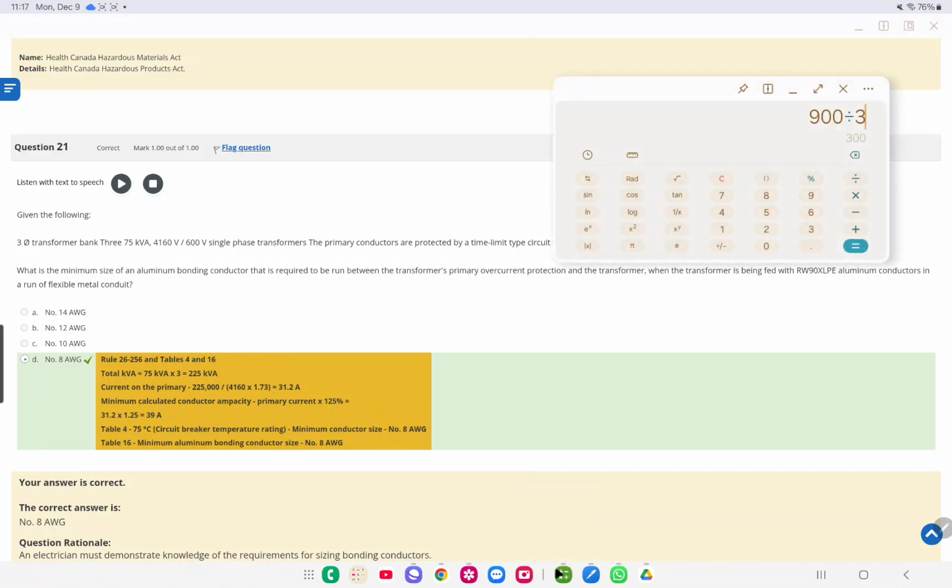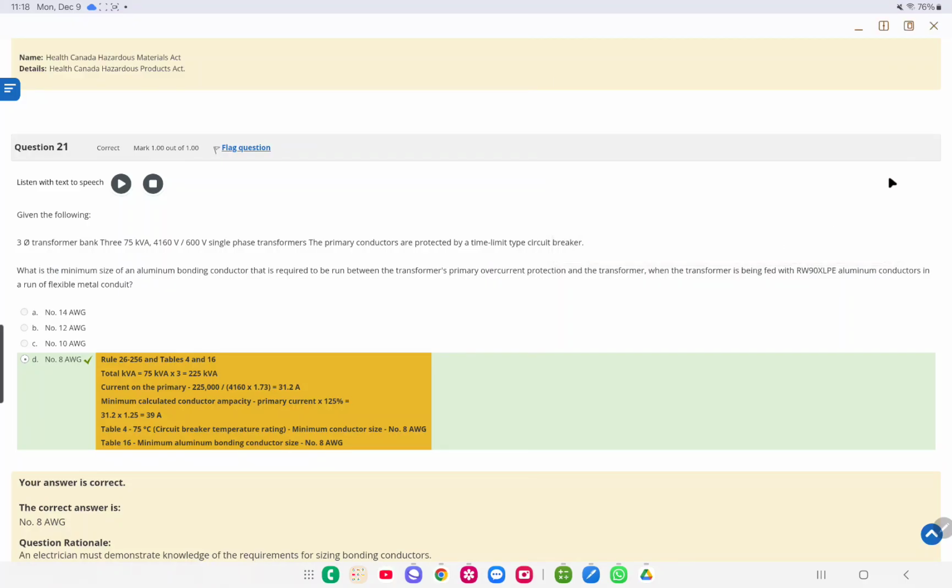So first things first, we start with a 3-phase transformer bank. So here we go. We got 75 kVA times 3. So we have 225 kVA. So now that's 225,000 VA, right?